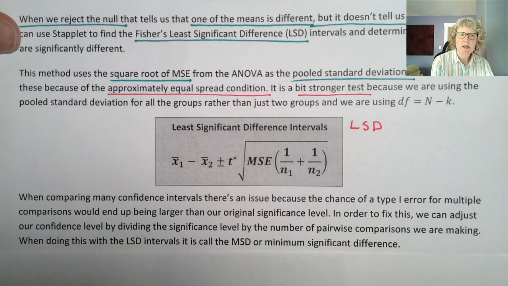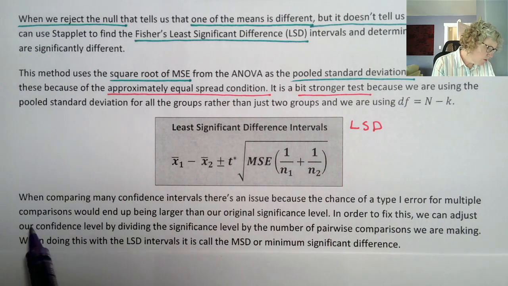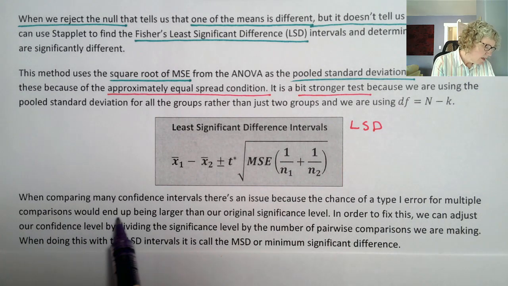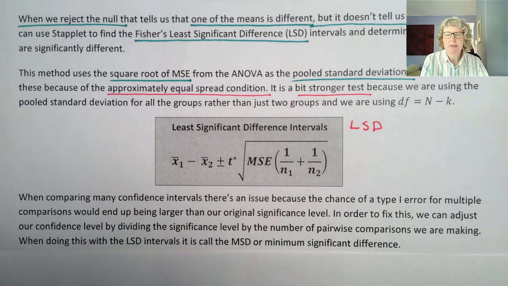When we're comparing many confidence intervals, there's an issue because the chance of a type 1 error for multiple comparisons would end up being larger than our original significance level. So think of it this way. We did 3 different confidence intervals, all at 95%.